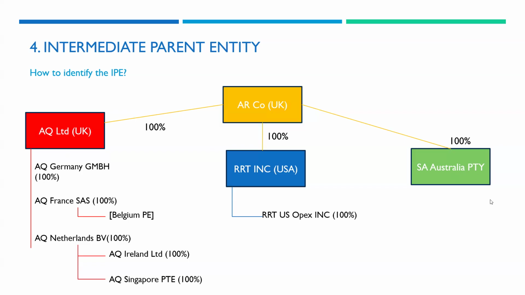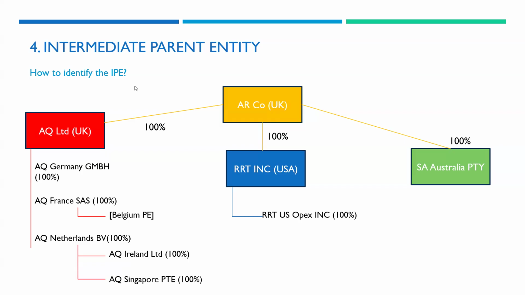Getting it? So in case AR is not in a jurisdiction that applies IAR, then who will collect top-up taxes? AQ will collect top-up taxes if any of these companies are paying less than 15% effective tax rate. RRT will collect separately if this particular entity is not paying 15% ETR, and they will have to do the filings. This one will file in the US, this one will file in the UK.